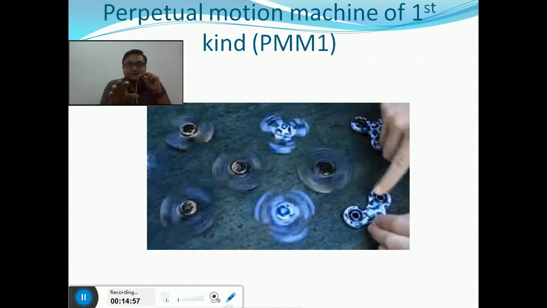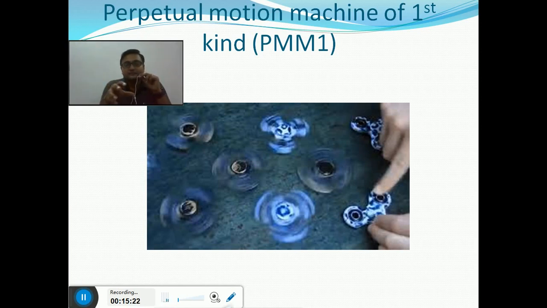This is a very famous toy called the fidget spinner, which I have taken as not a PMM1 but tending to PMM1. Once you rotate it, it will rotate for 20 or 30 minutes. So it is something like once you give an input, it will give you an output for some period of time.